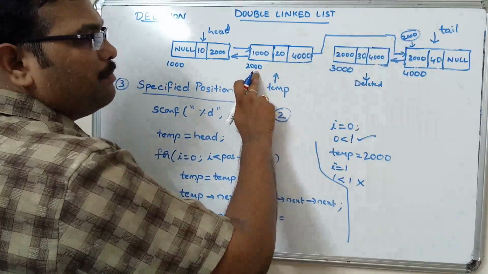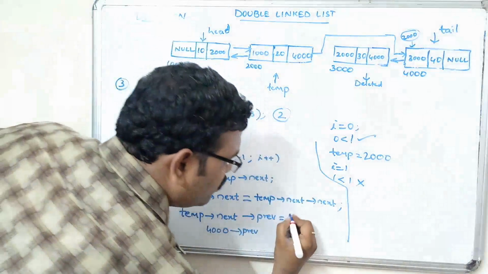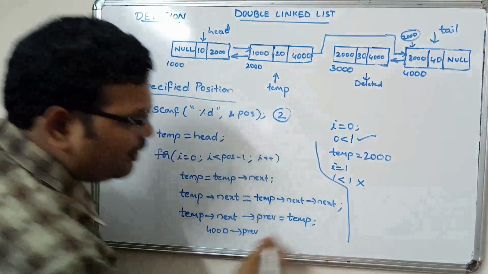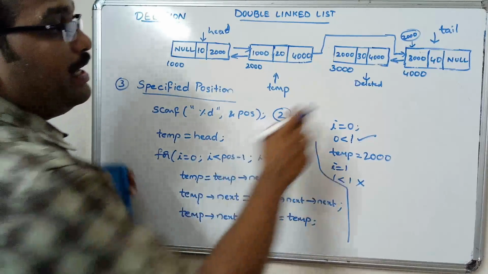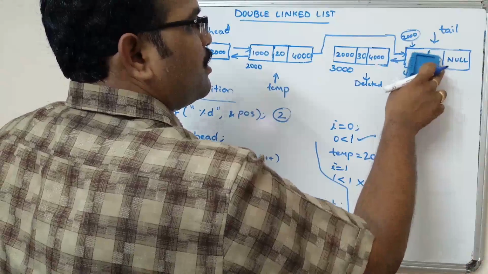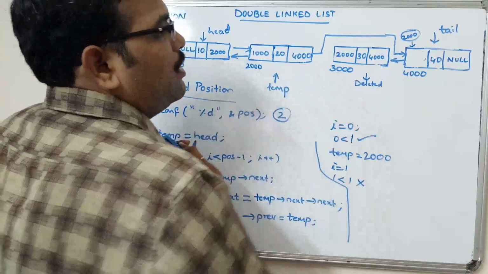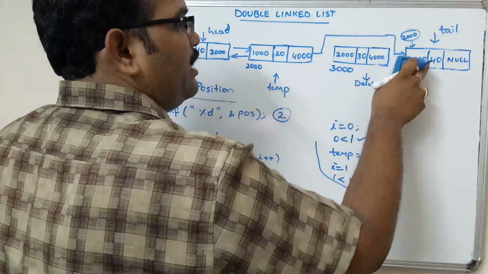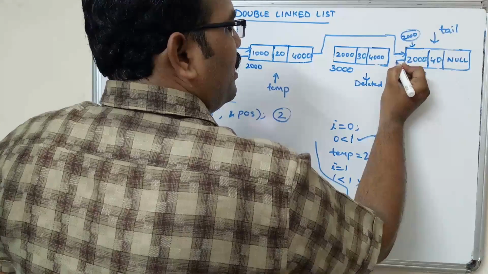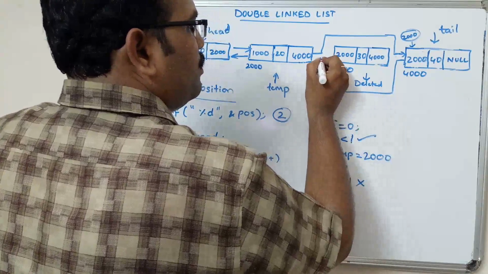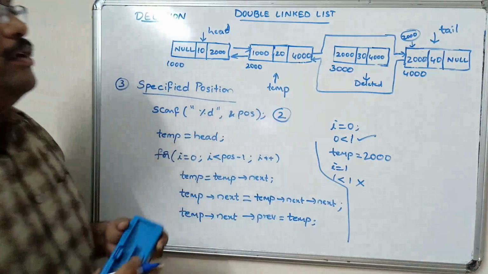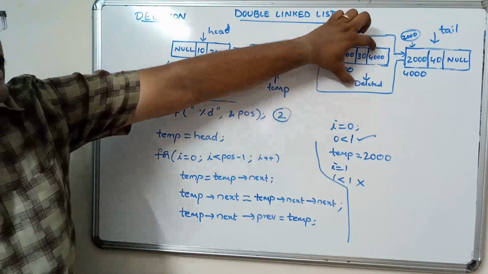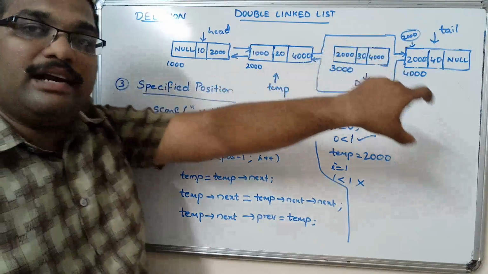We have to keep this 2000. So is equal to simply temp. So automatically in this position, instead of giving 3000, it will place there 2000. So again this link is disconnected and it will be moved to this one. So automatically this link is discarded. I mean this node is discarded.